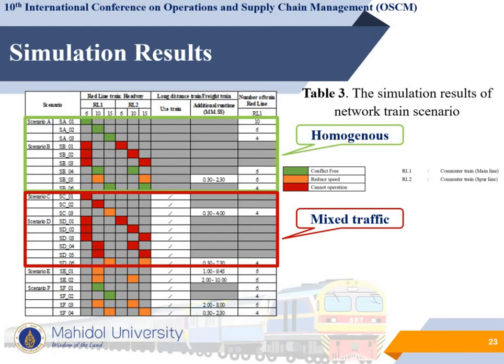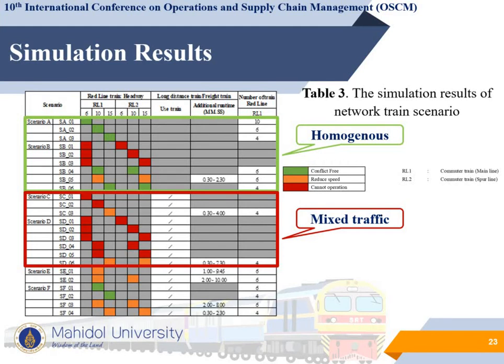In the case of mixed traffic between LD, F, and RL at a headway of RL 10 minutes, the primary service can use a turn back of the Red Line train at Bang Sue station, Taiwan, so it cannot operate.